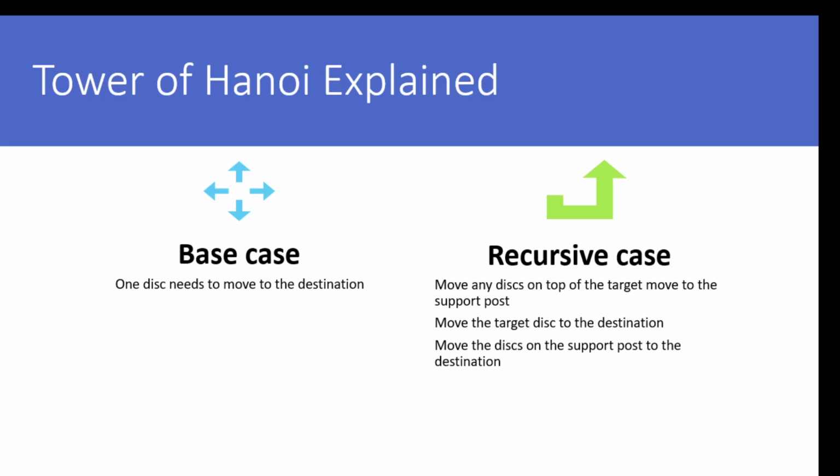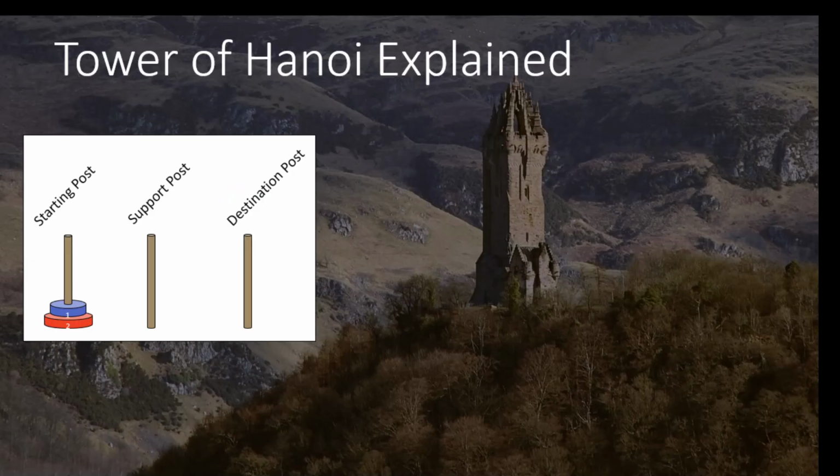And then whatever disks were in the way, move them to the support post, that third option. And the magic of Towers of Hanoi is a flexible definition of the starting point, the support post, and the destination post. So let's walk through a simple example to see how this thing works.